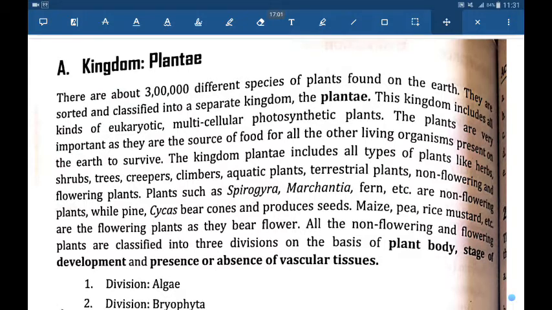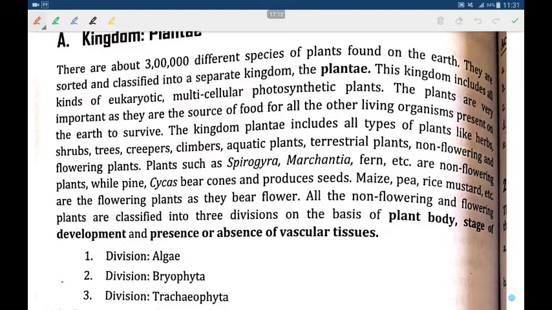So now we'll be discussing the kingdom Plantae, which means those organisms which are autotrophs. They can manufacture their food themselves. How many species of plants are there? 3 lakhs. Okay. And they are eukaryotic and multicellular, made up of many cells, and they can manufacture their food themselves.